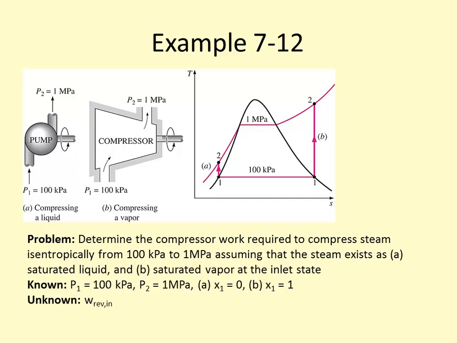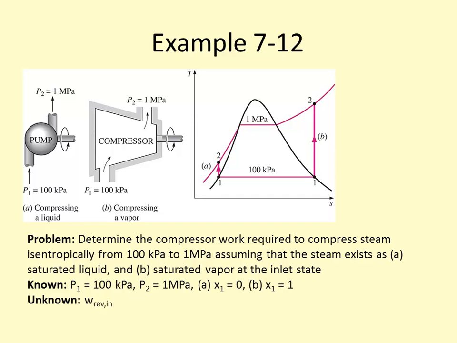So if we remember the Gibbs equation, TdS is equal to dH minus VdP. In our case, dS is 0. So dH is equal to VdP.